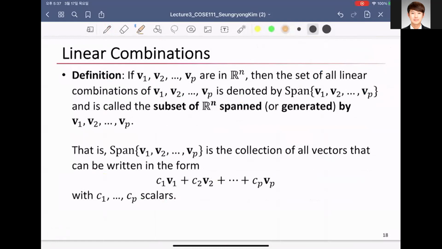자, okay. If you follow well, we will introduce a very, very important definition here. Span.